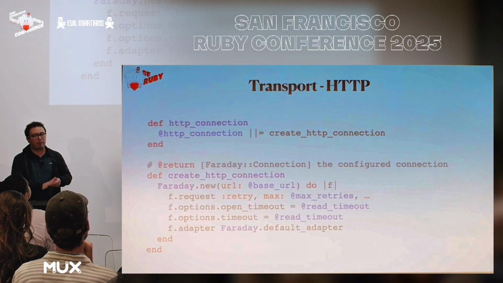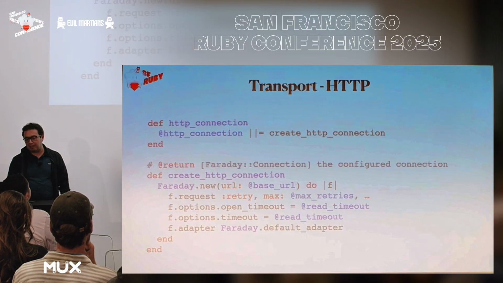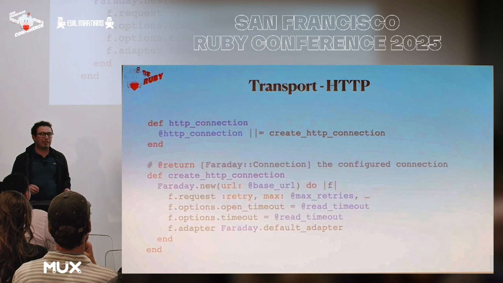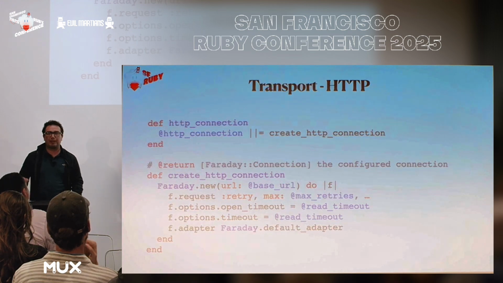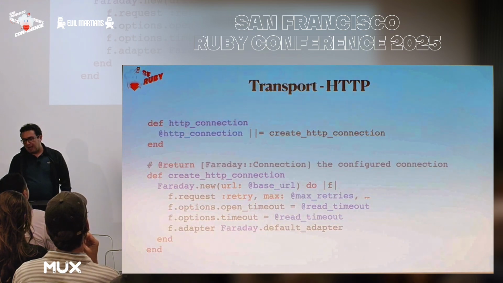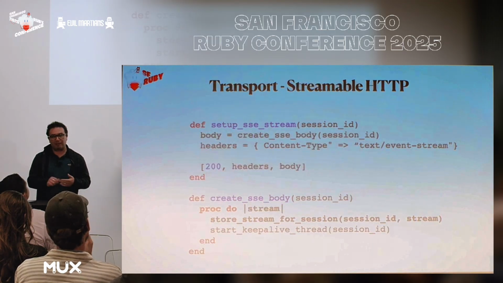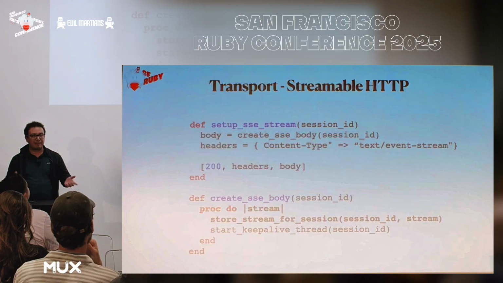The second transport mechanism is HTTP, and here the Ruby MCP client uses Faraday. Faraday, I think, is one of the most popular Ruby gems for making HTTP connections. And finally, streamable HTTP is just using basic streams.